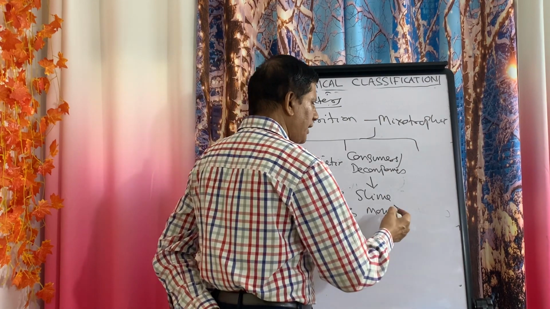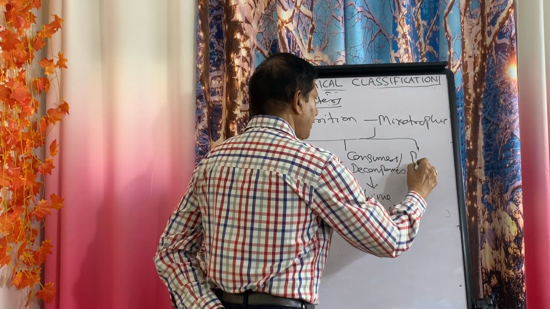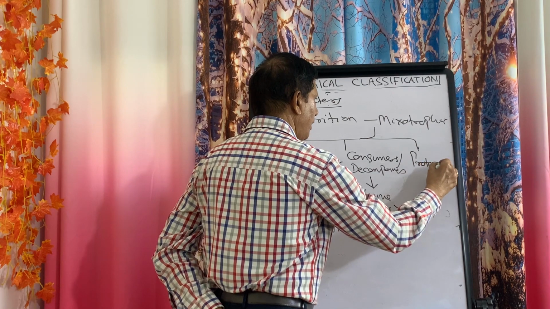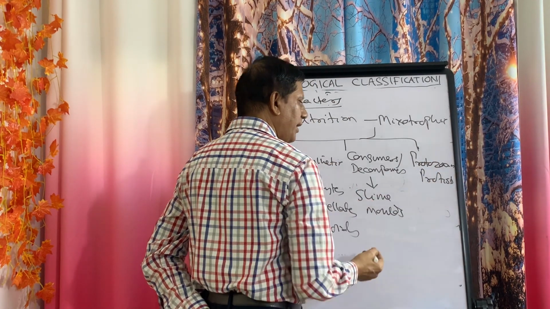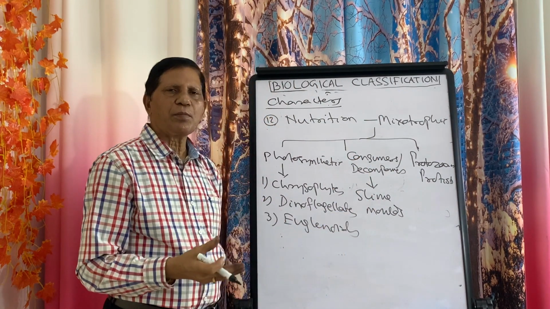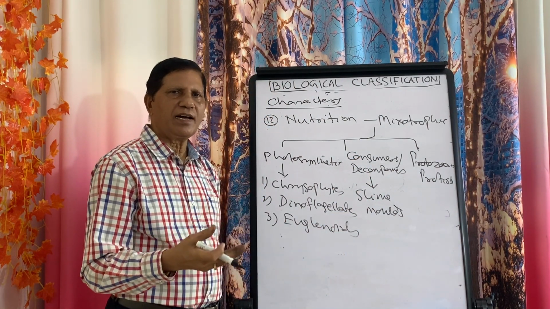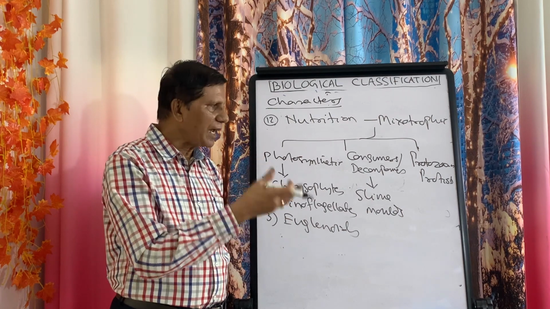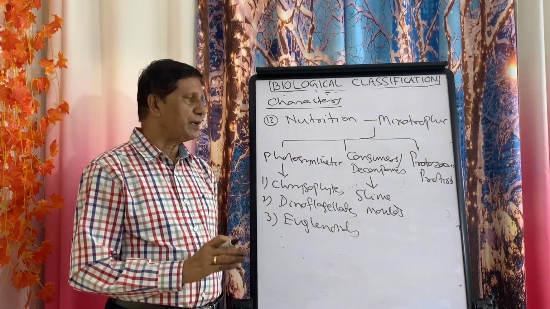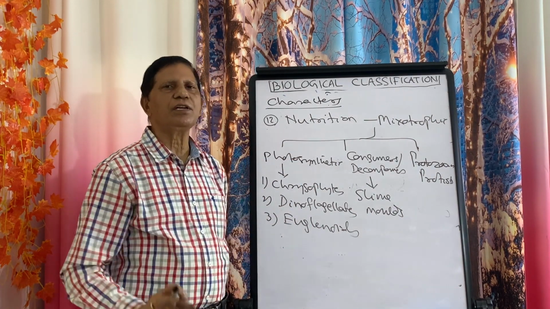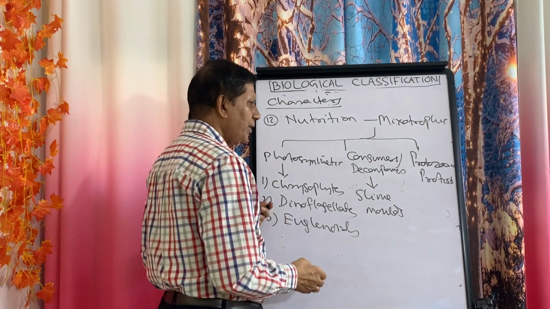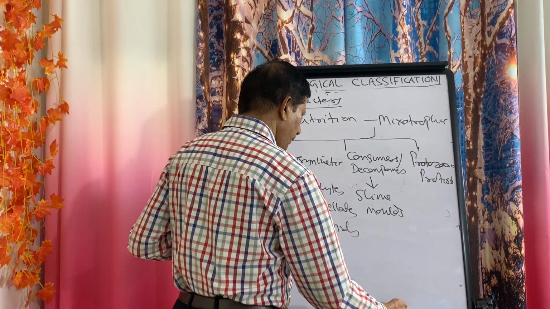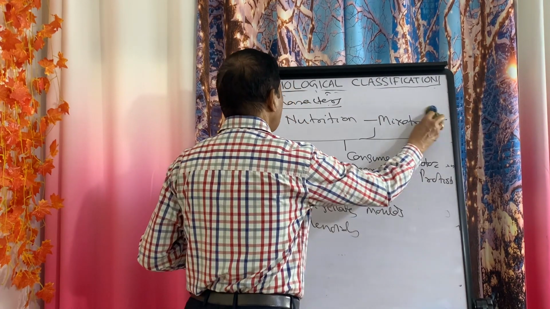And the third one is protozoan protists, where the different types of protozoans like flagellar, ciliar, all these types are coming under this category depending upon the type of nutrition. In another way also they are classified.